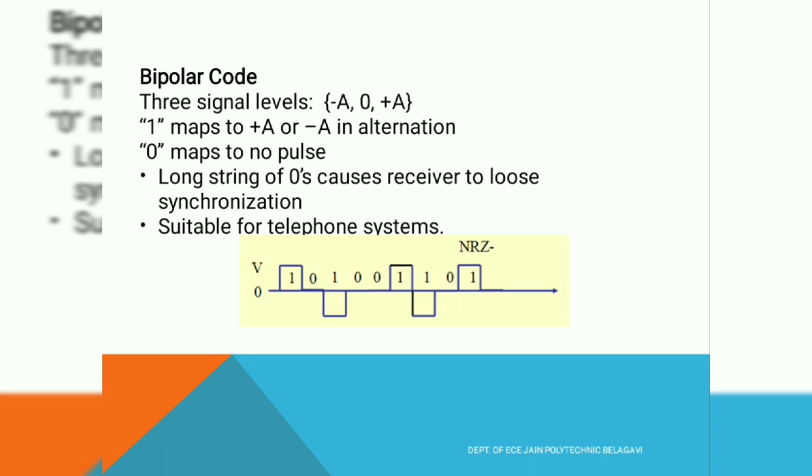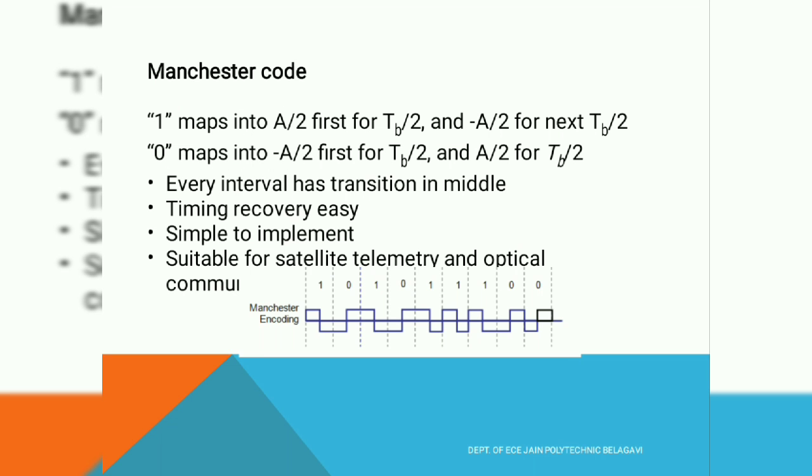Suppose the symbols are 1 0 1 0 0 0. Symbol 1 is represented as plus A volts, 0 as no pulse, and the next symbol 1 is represented in the alternate manner, as minus A volts. That is the bipolar code. The problem is that long strings of 0, meaning continuous zeros, cause the receiver to lose synchronization. It is suitable for telecommunication systems.